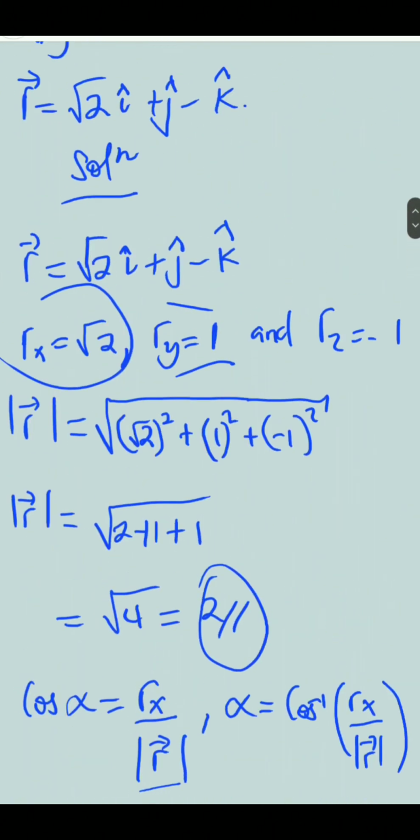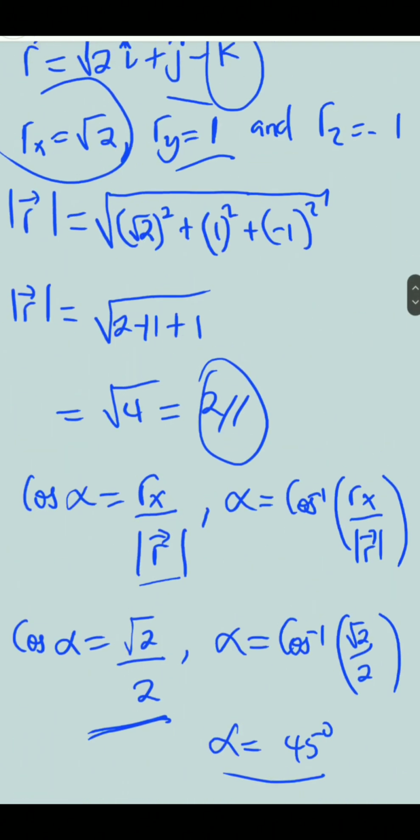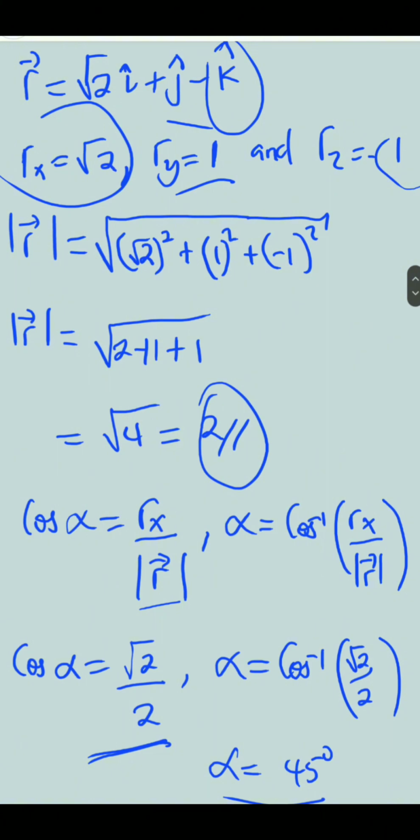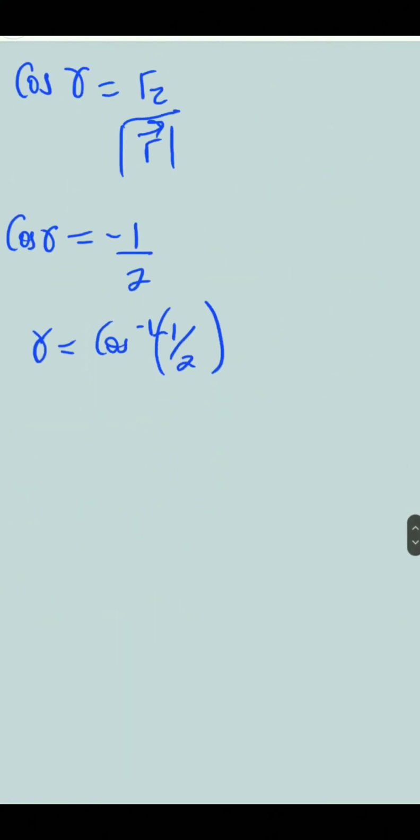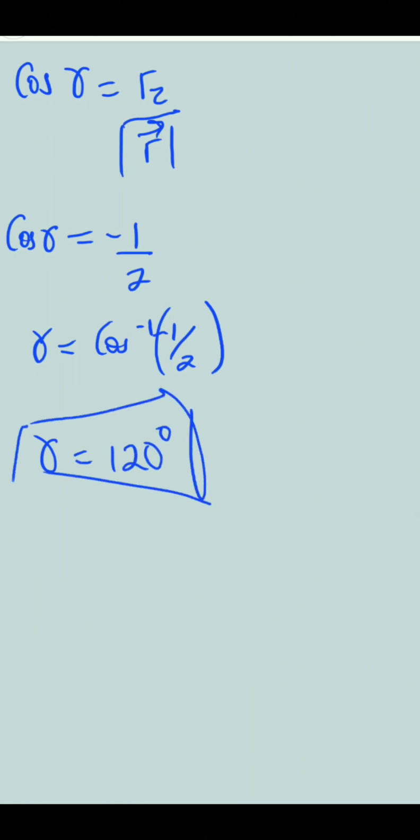We have a negative 1 as our z component, and we divide by 2. So this is our direction cosine. Now we find the angle from the vector to the z-axis, which gives us gamma equal to 120 degrees.